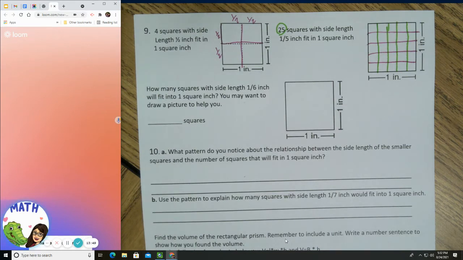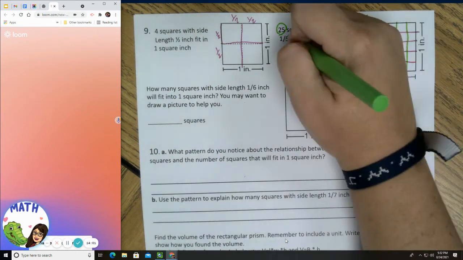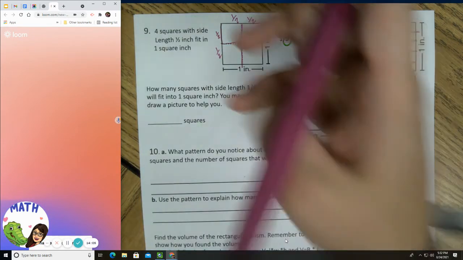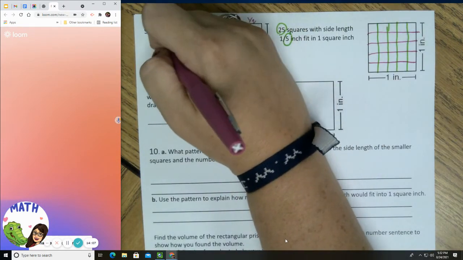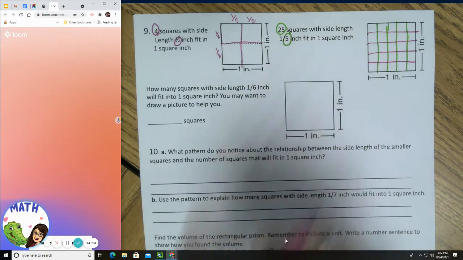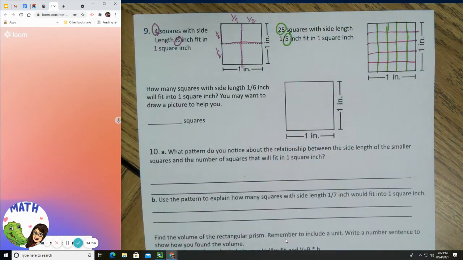How many squares with a side length of 1/6 would fit into 1 square inch? You can use the picture to help you. Here's my reminder. Look at your denominator and your total number of squares. Remember, you basically can take that denominator times itself, and that tells you how many squares.